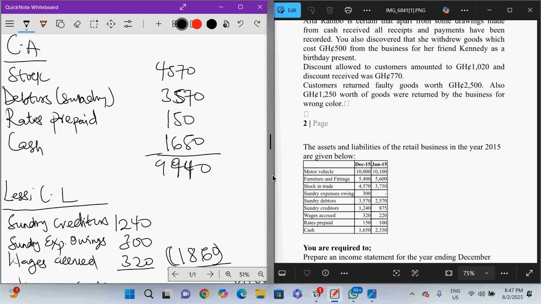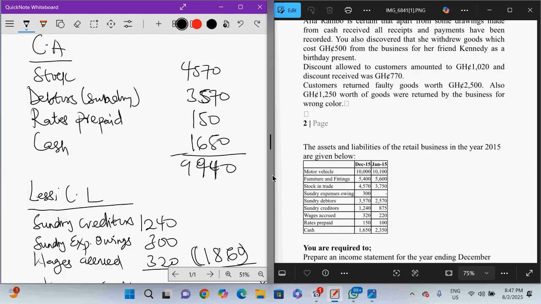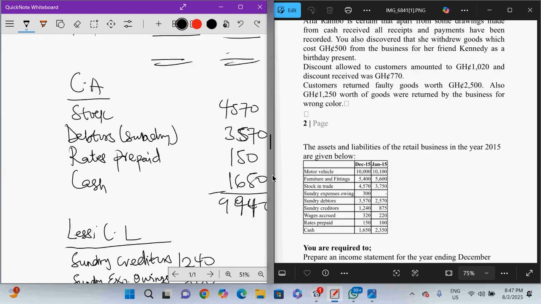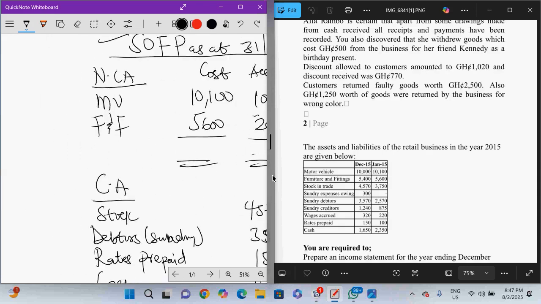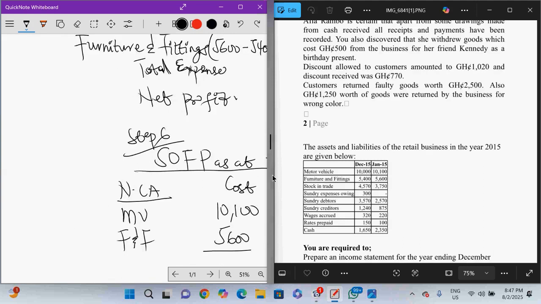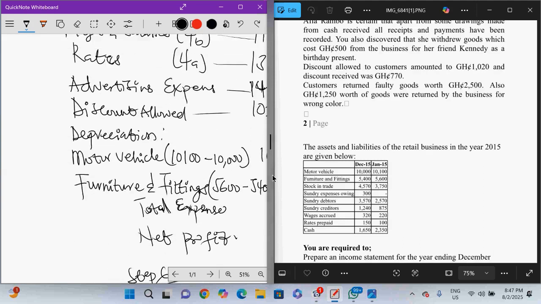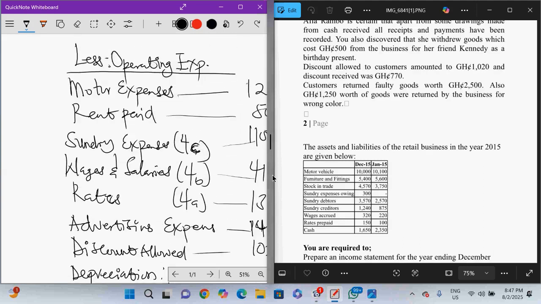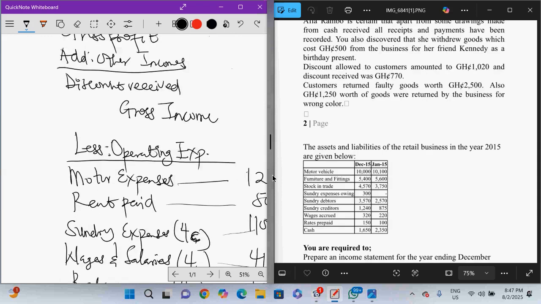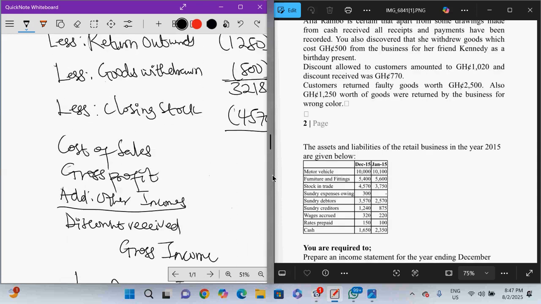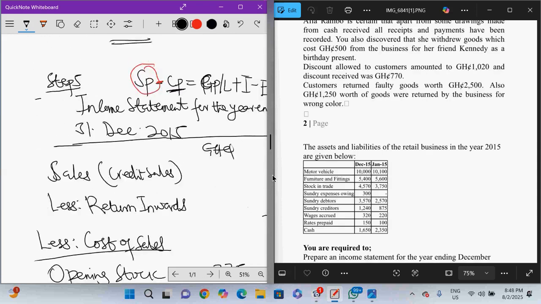When the cash book is prepared, which is the second step, you just skip it and move to the third one. Just go to the exam with your steps. After solving a lot of questions, that's what is going to guide you. No matter how tricky the question is, get your maximum ticks.